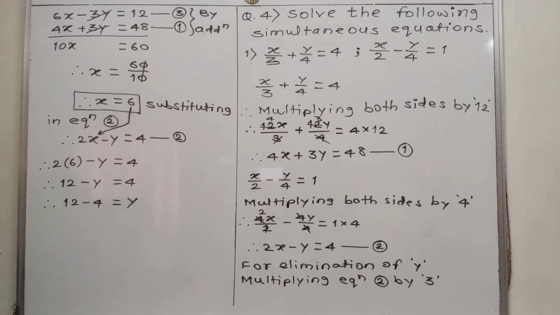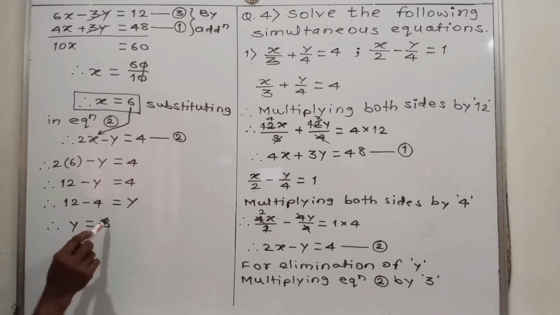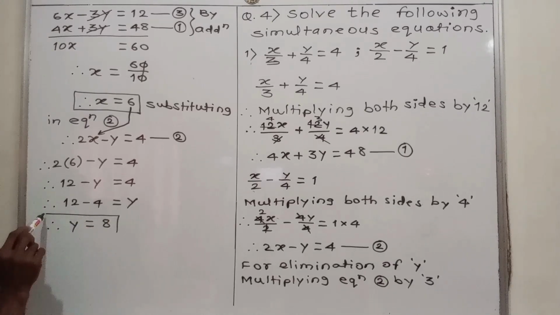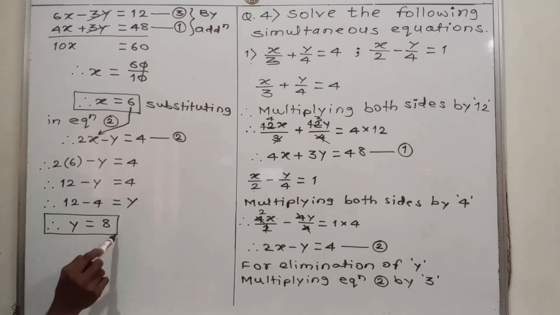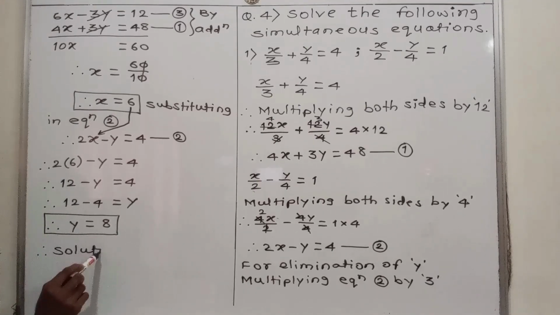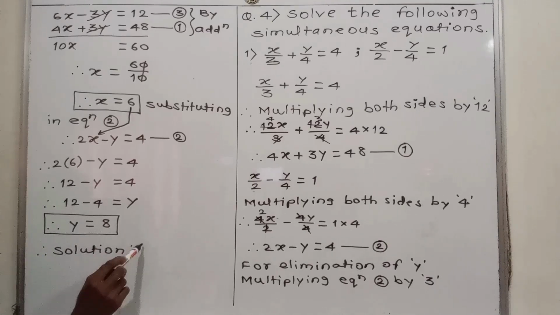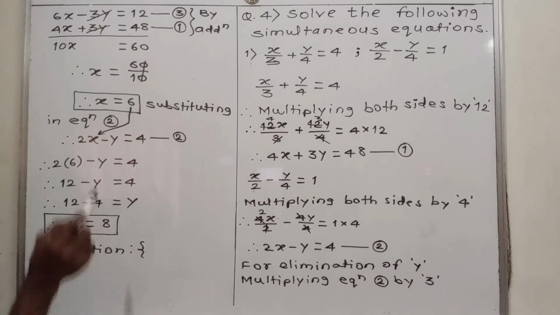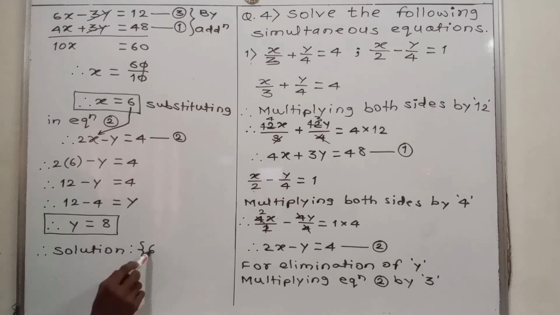With y, there is no any like term. Therefore, y is equal to 8. Then we write solution. Alphabetically, x is first, then y.